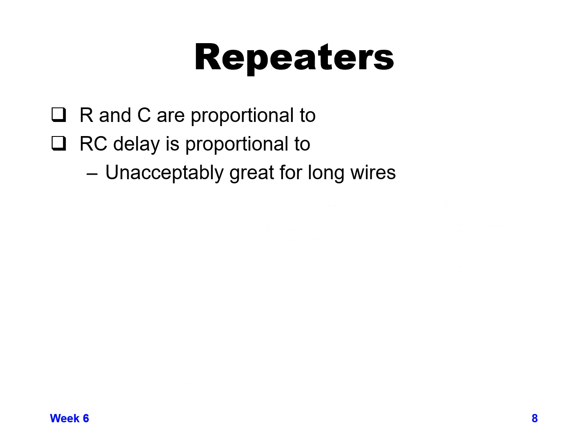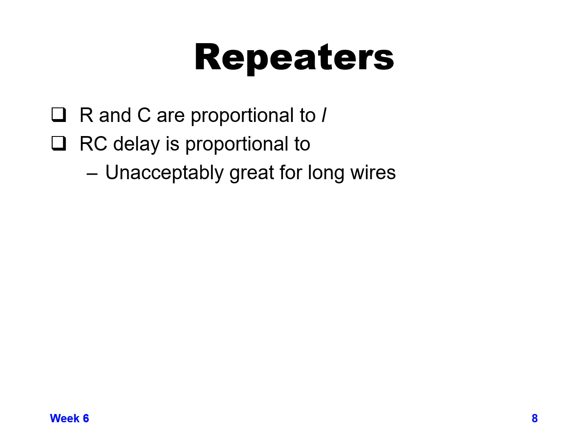So the last thing that I want to talk about with respect to wires is RC delay and how repeaters are used in order to help improve your RC delay of your wires. So keep in mind that your value of resistance and value of capacitance are each proportional to the L, or length of your wire.